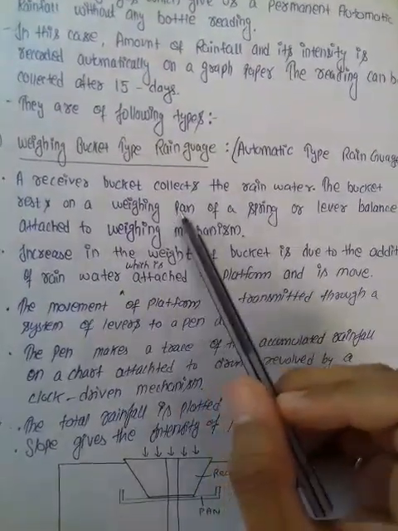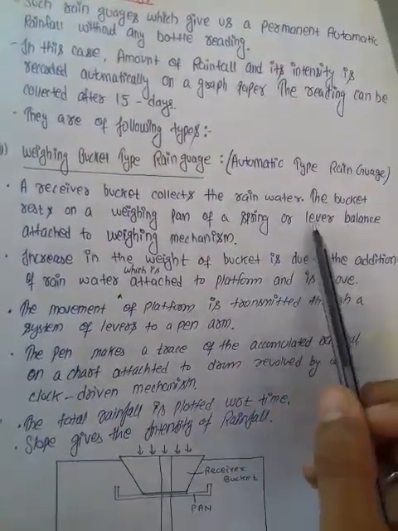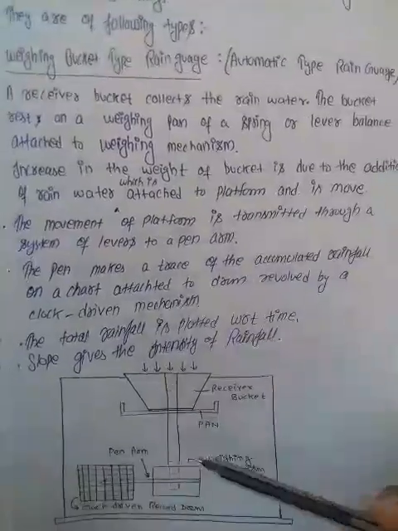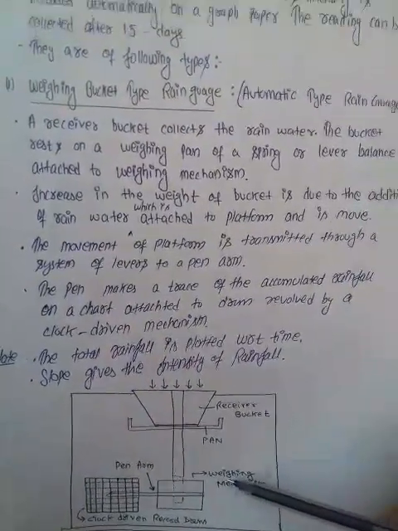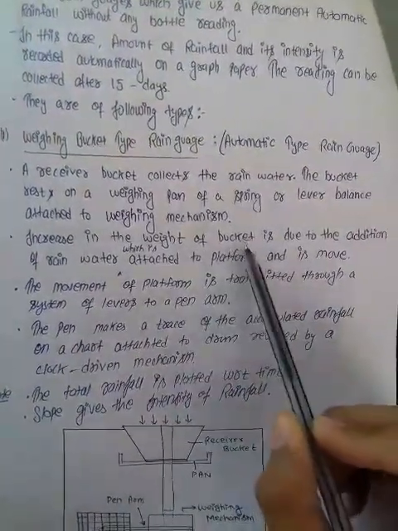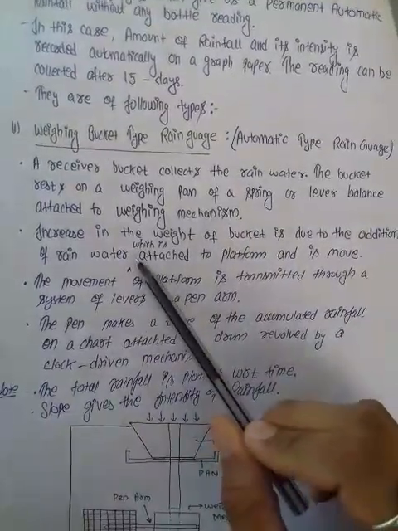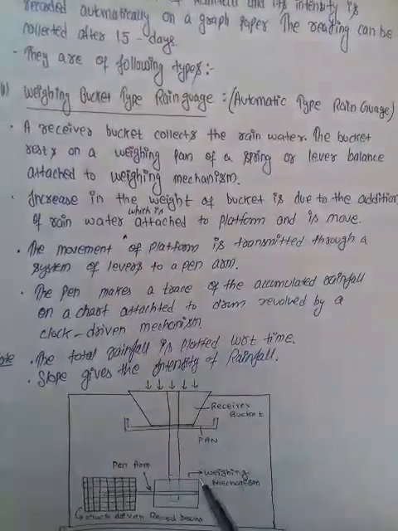The bucket rests on the weighing pan of a spring or lever balance attached to the weighing mechanism. The weight of the bucket increases due to the addition of rainwater, which is attached to the platform and is moved.